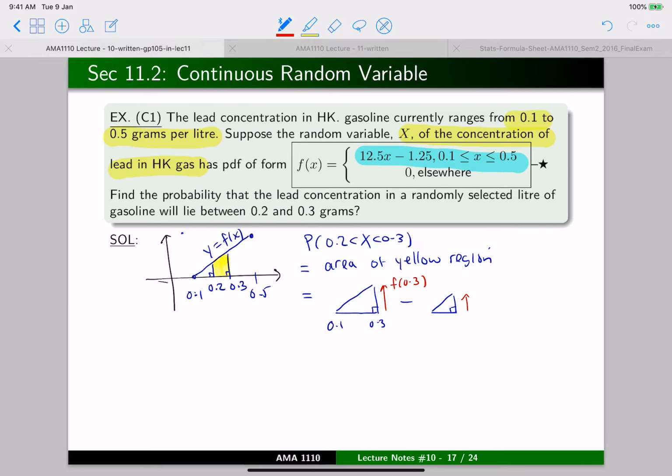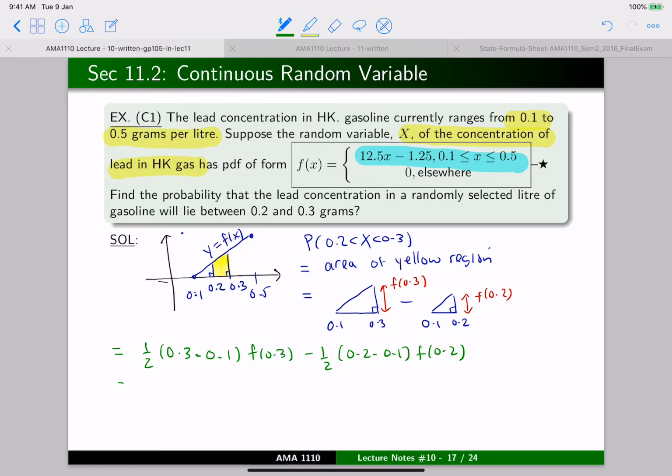This has height f of 0.2, and this goes from 0.1 to 0.2. So this is equal to half base times height: half times 0.3 minus 0.1 times the height of the bigger triangle, which is f of 0.3, minus half times 0.2 minus 0.1 times the height, which is f of 0.2.